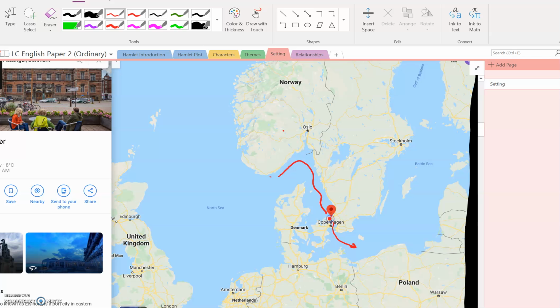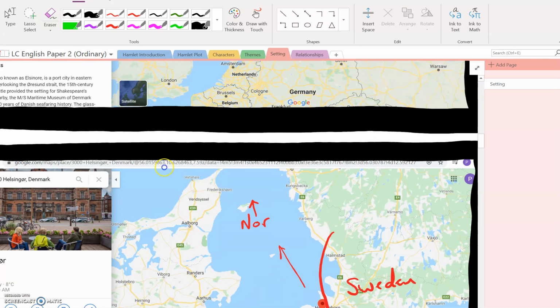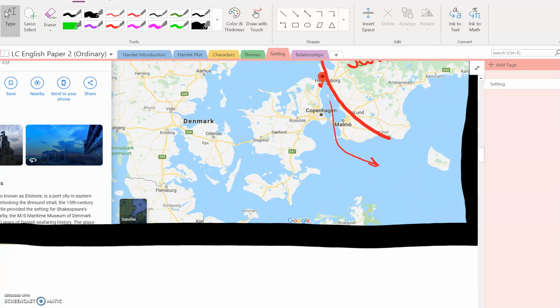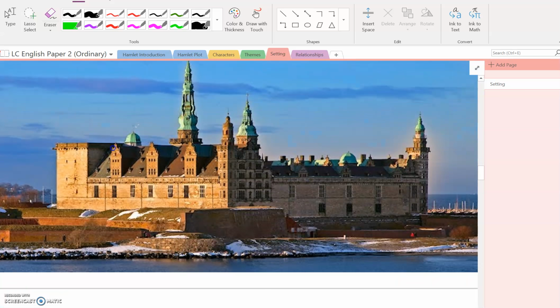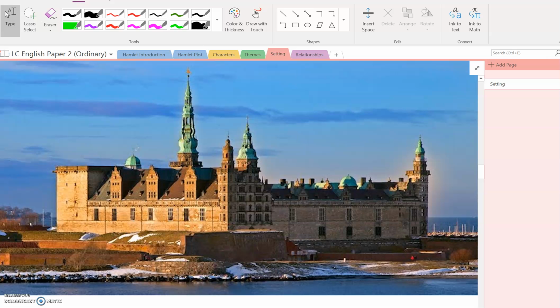Elsinore was not some backwater castle. It was a powerful place to be. It was the center, really, of Denmark, politically. Now, the castle still exists. It still stands. You can visit it if you want. This is the actual castle, the real castle, where this play is set.